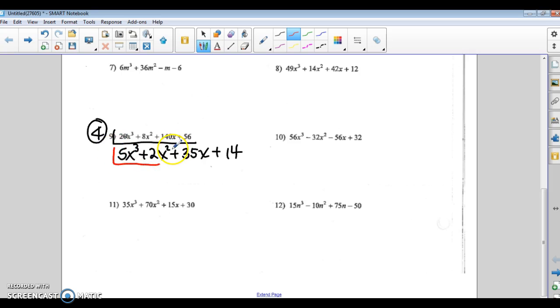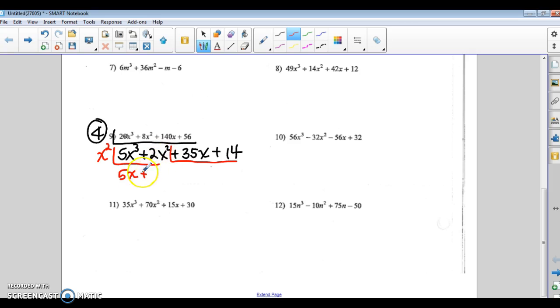And you remember when we use grouping, we always want to include the sign in front of every single one. So between 5x cubed and 2x squared, what is the common factor? We don't have any common factor number, but the common factor variable is x squared, because we always take the lower one, remember? So 5x cubed divided by x squared is 5x.